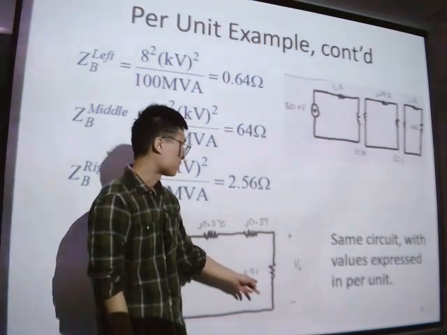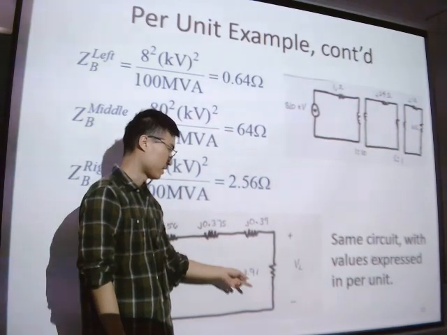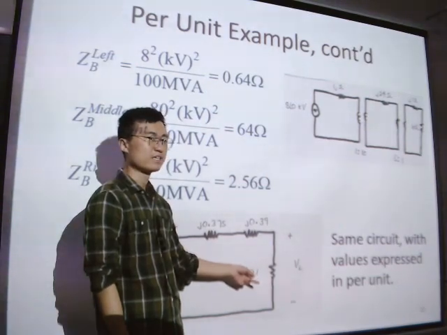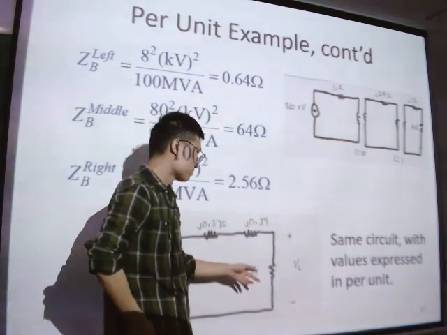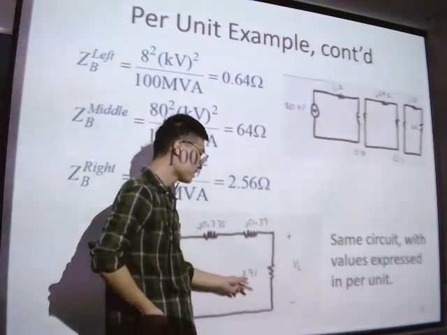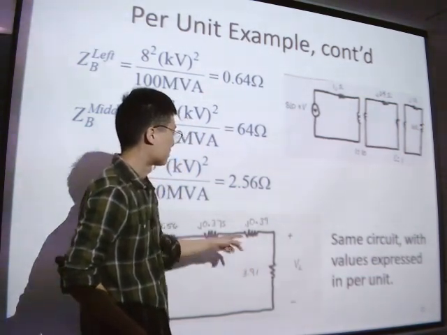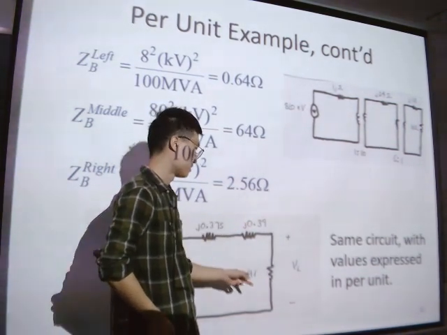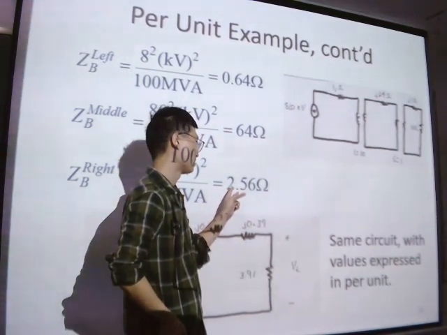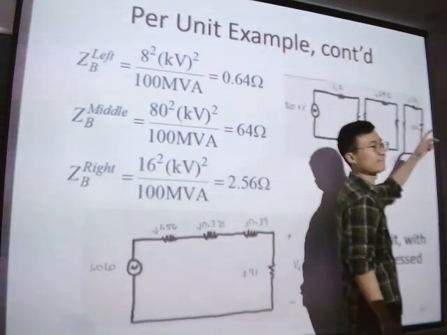You can see that because the base is 2.56, the per unit value is 3.91. So we can refer to it as 3.91 per unit. 3.91 multiplied with the base 2.56, and we will get the actual value.